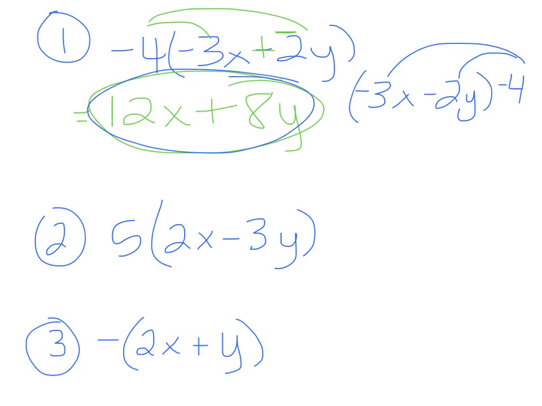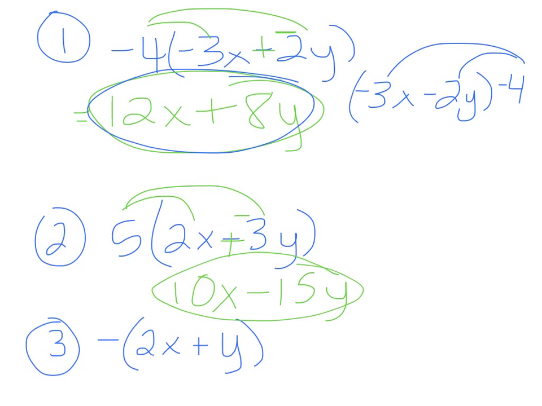Okay, number 2 here, we have 5 times 2x gives me 10x, and 5 times negative 3y gives me negative 15y, or you could have said plus negative 3y like that. Okay. Something to keep in mind for number 3 here is if we just have a negative sign, it means that we have a negative 1 out front.